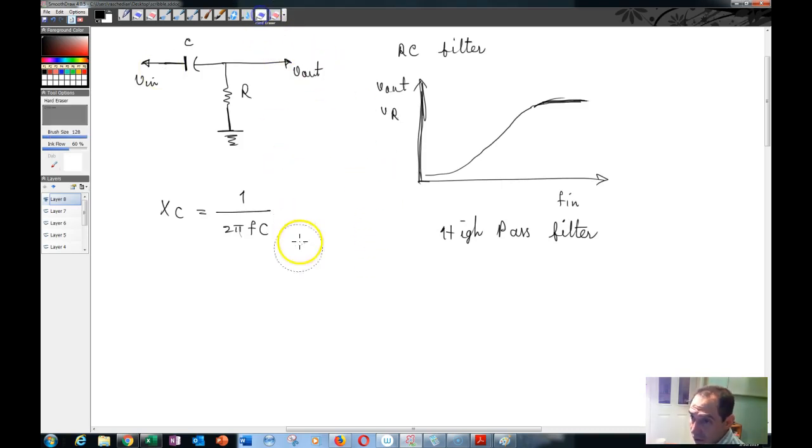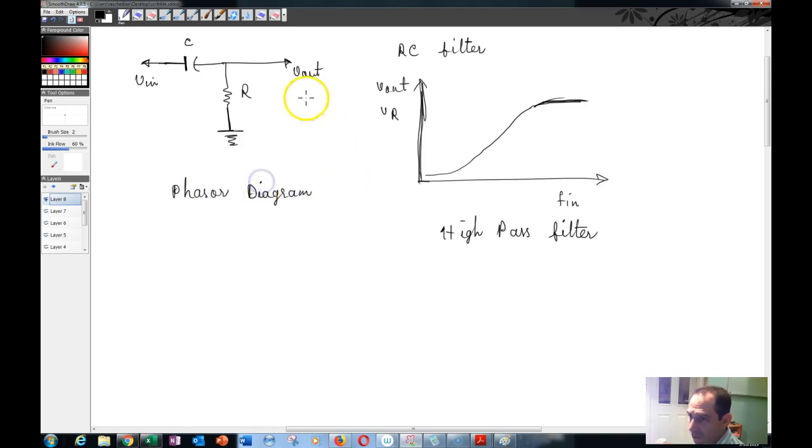And that's basically called the phasor diagram. Now the phasor diagram for these RC filters is something like this. V of C, V of R, and V of E.